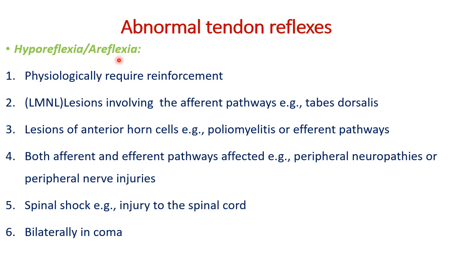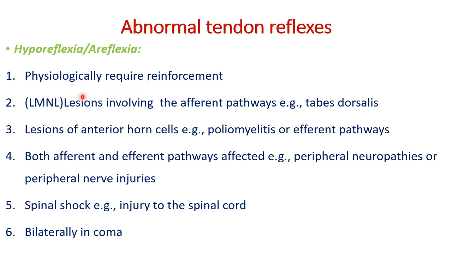So what are the reasons behind hyporeflexia or areflexia? Physiologically, sometimes you get decreased responses. Then you require reinforcement, what we call Jendrassik's maneuver or other reinforcement maneuvers, to reinforce the response. So we can elicit the responses, and then there will be no hyporeflexia.